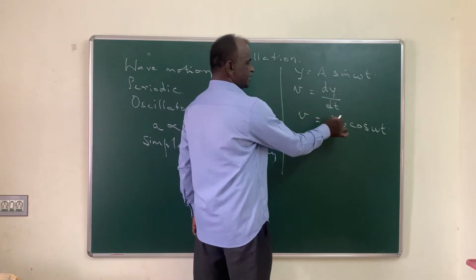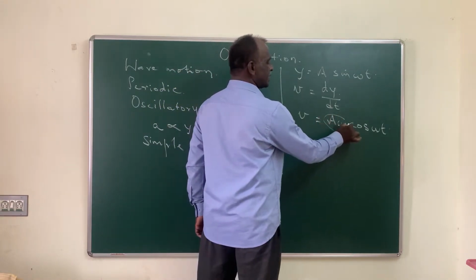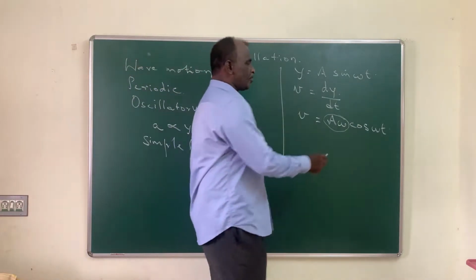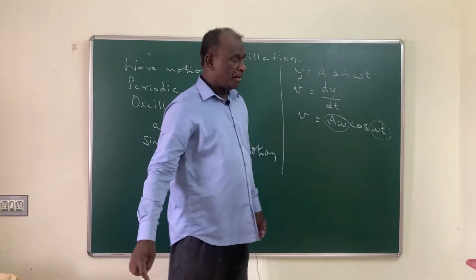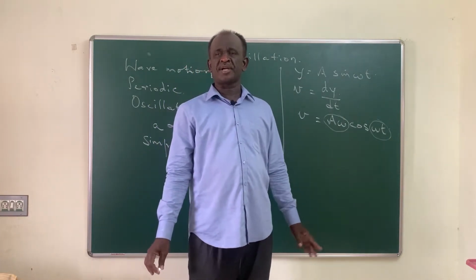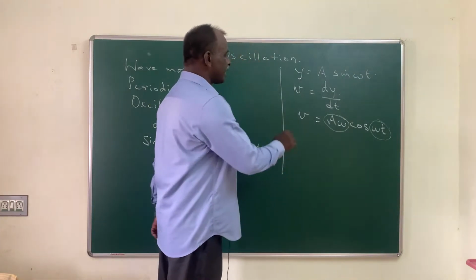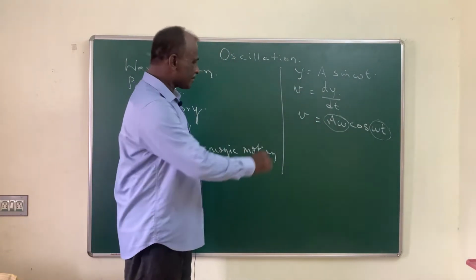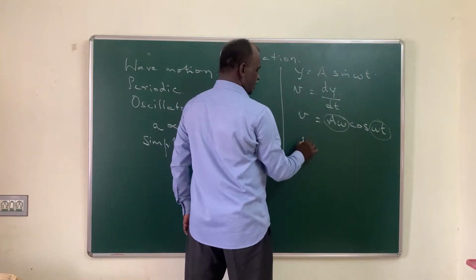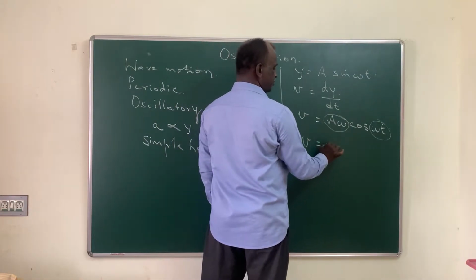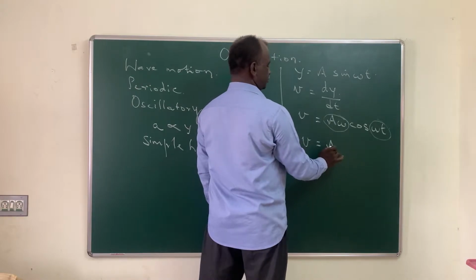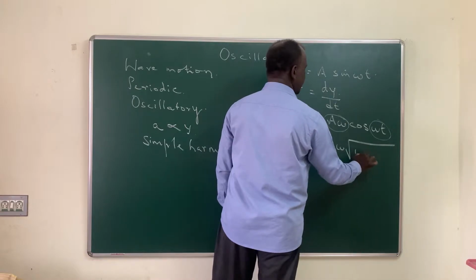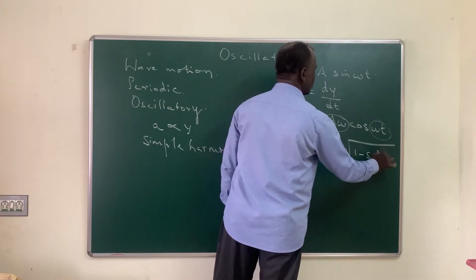Here we can understand that a omega is the maximum velocity of the particle executing simple harmonic motion, and omega t is the phase of the particle. Then we can change this expression for velocity into another form, that is v equal to a into omega into root of 1 minus sine square omega t.